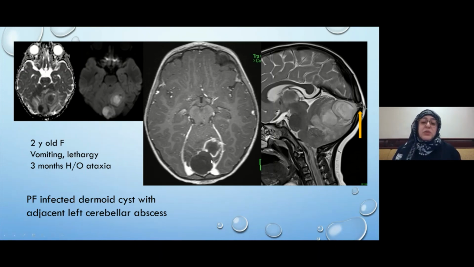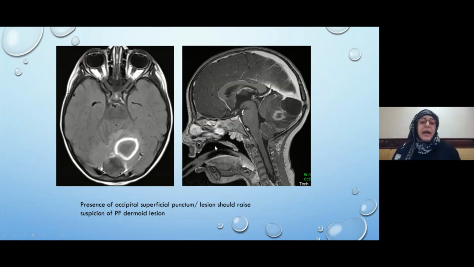The diagnosis was an infected dermoid cyst with secondary abscess formation. This image can nicely show the difference in the enhancement pattern between the two lesions despite the presence of marked edema.